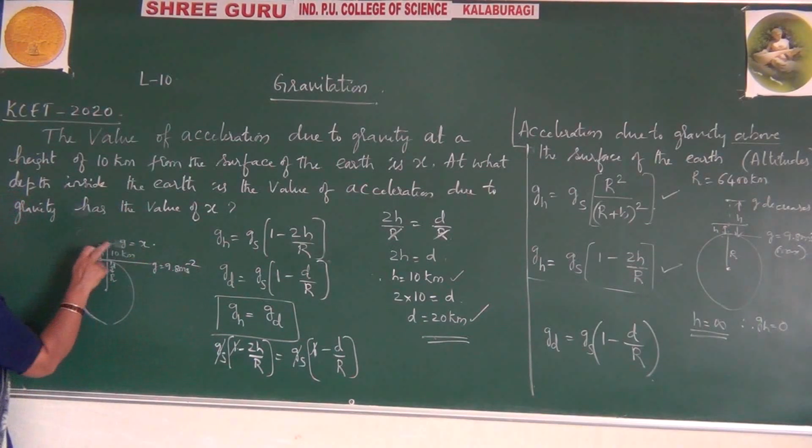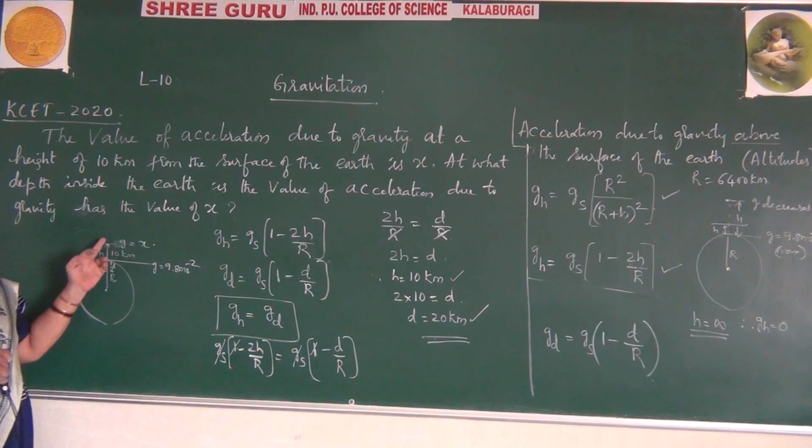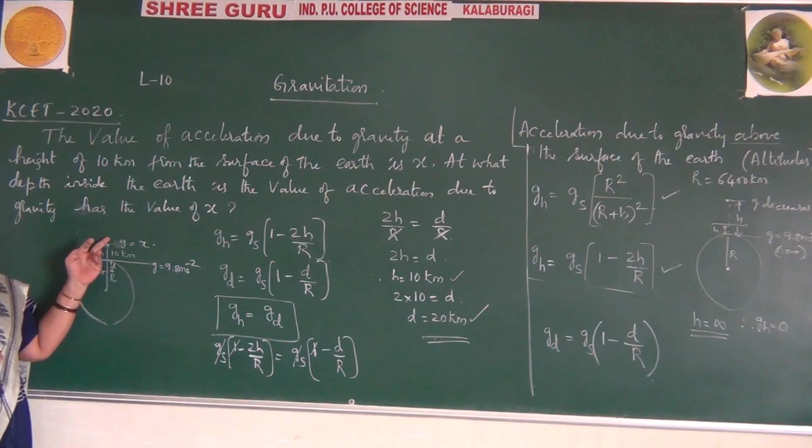At 10 kilometers height we have some value of g, and at 20 kilometers depth we have some value of g. By looking at these values, you can say that as you go to high altitudes, the value of g goes on decreasing very steeply.